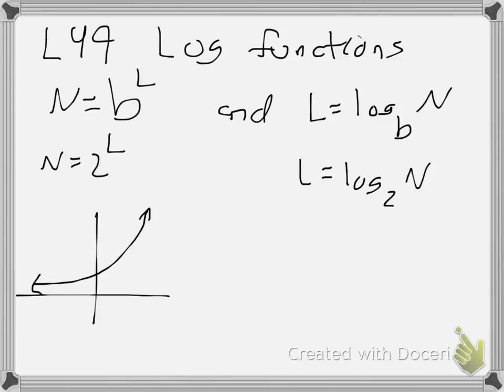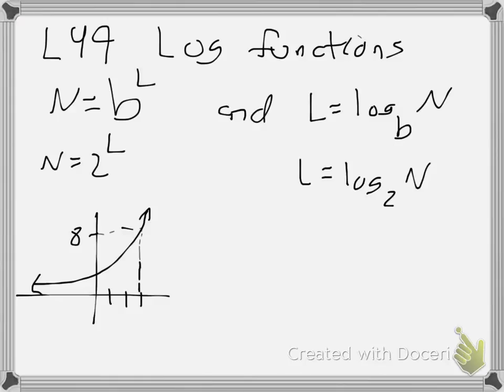And what happens if I went over 1, 2, 3 and up to the graph here, and I told you that was 8? Would that make sense? 2 to the third power is equal to 8. That would make sense. Granted, my lines are not very straight. It's not drawn to scale very well.